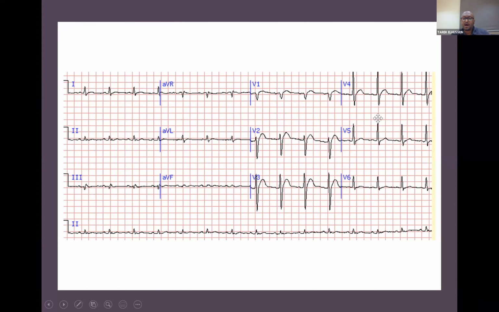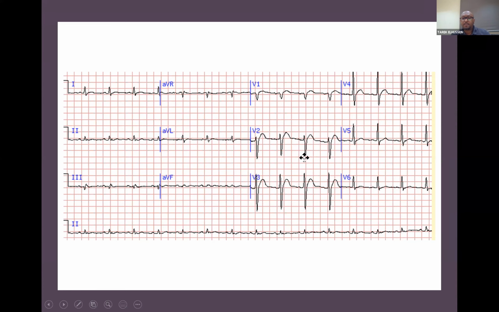Okay, you get tall R and ST, and the ST segment usually in the opposite direction of the QRS. So if the QRS is negative in V1 and V3, you will have ST elevation, and the QRS orientation is positive in V5 and 6 and the high lateral leads, so you get ST depression with it. Okay, it's not the case here. There is no ST depression at all.